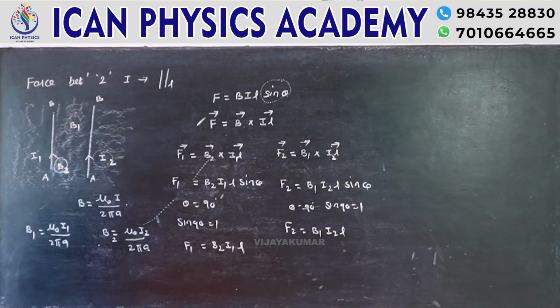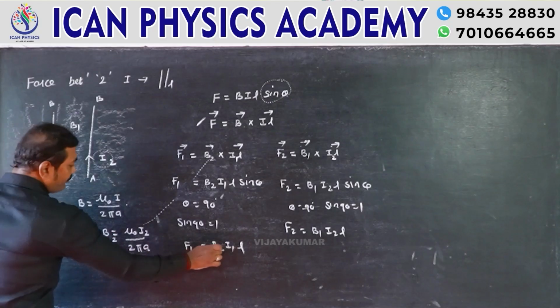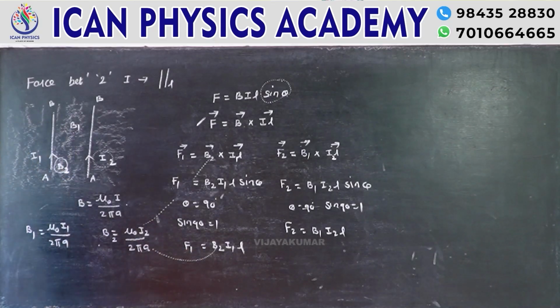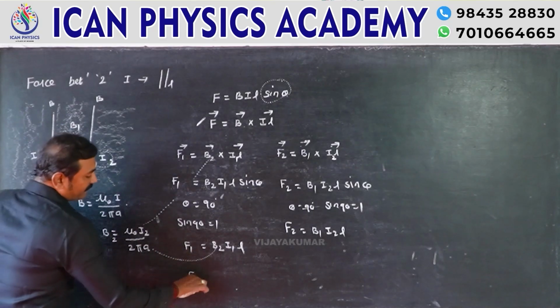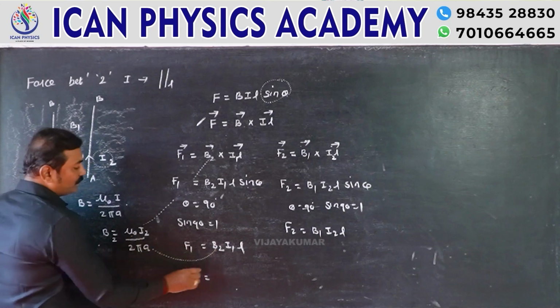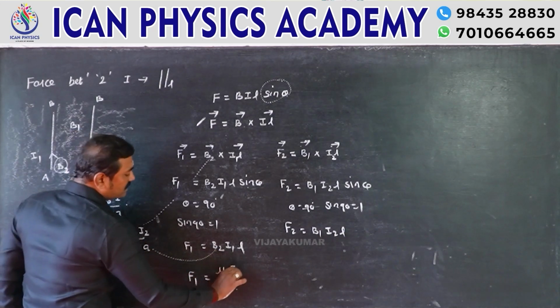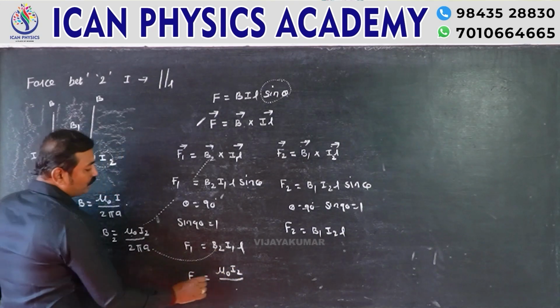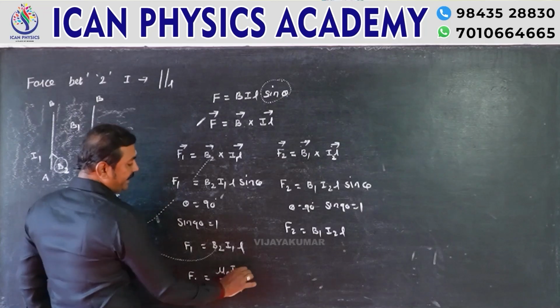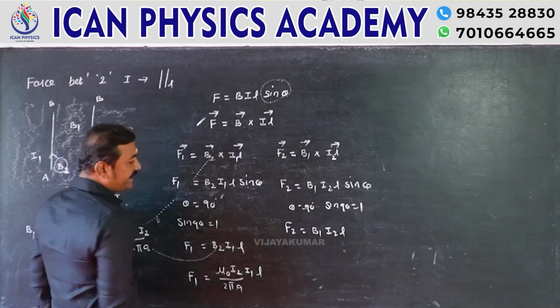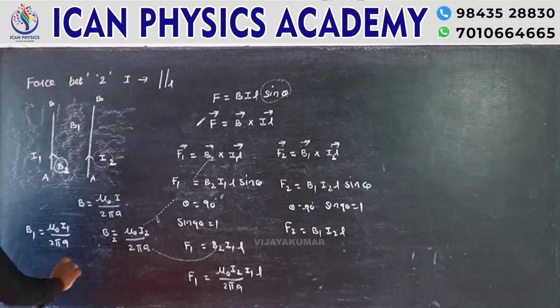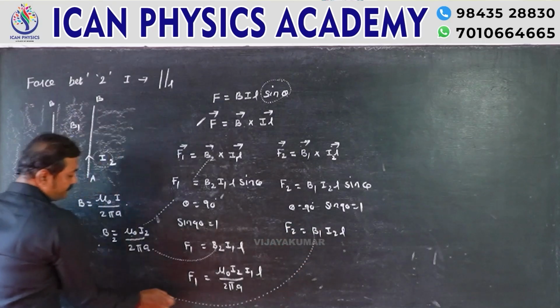Okay. Now substitute the value of B2. F1 equals B2, so F1 equals μ0 I2 by 2πa into I1 into L. Okay. Now substitute the value for B1.